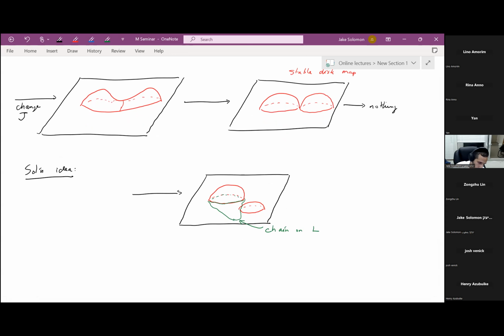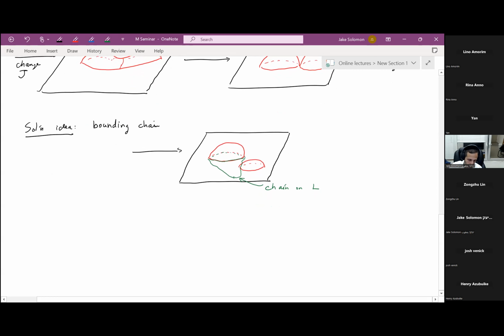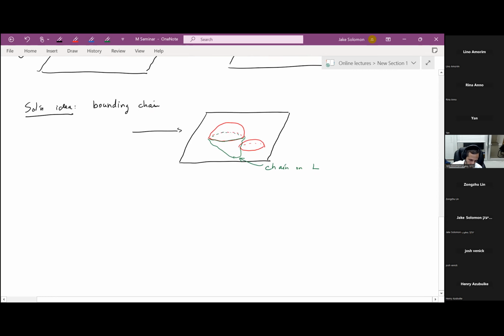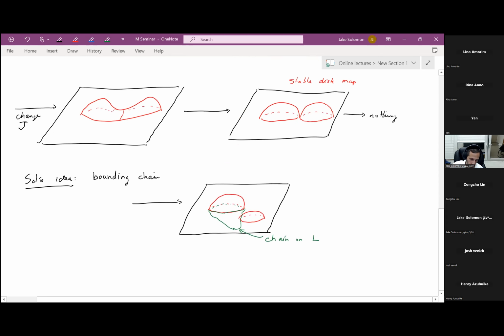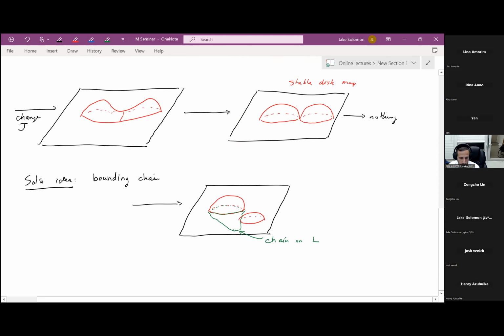This notion is called a bounding chain. And so this replaces nothing with something and allows the count to continue invariant.